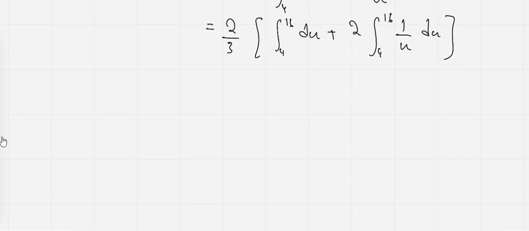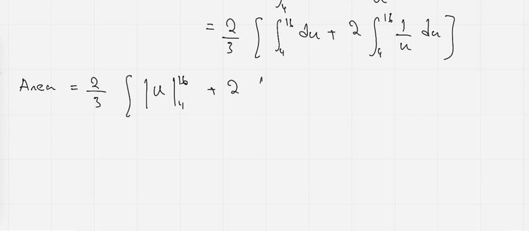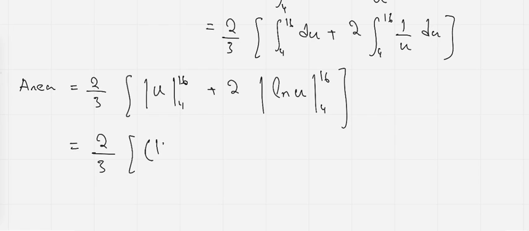Now my area is going to be 2 by 3, and it's going to be u from 4 to 16, plus 2 times ln of u from 4 to 16. Now I can bring this 2 inside, and then I can apply my logarithmic property. So it is going to be ln u squared, from 4 to 16.